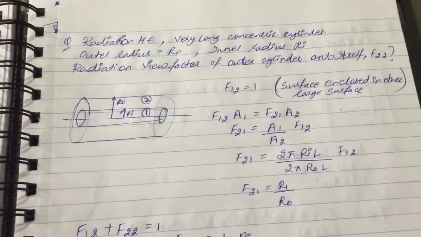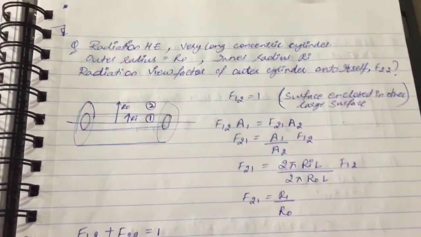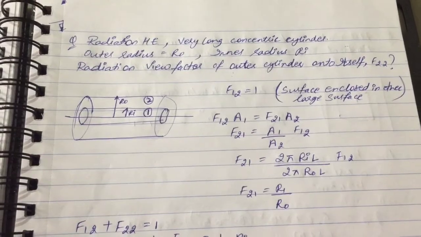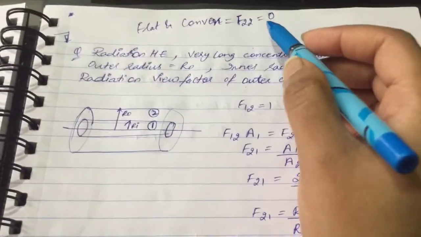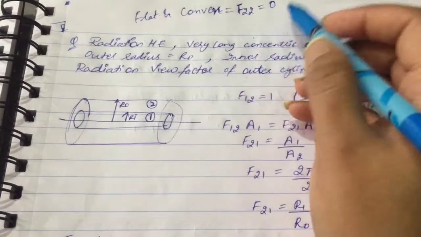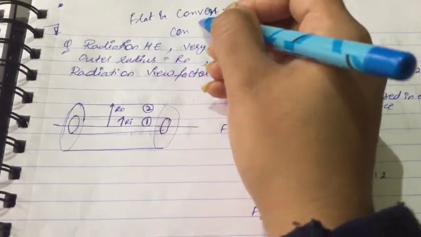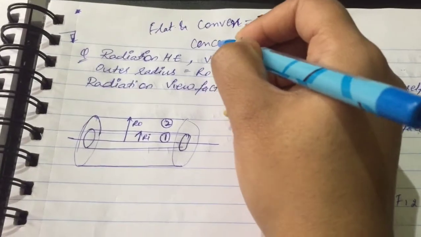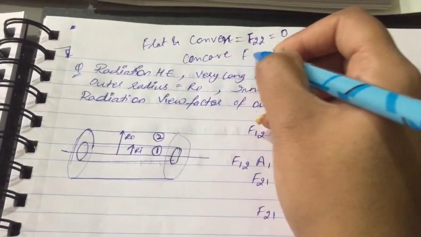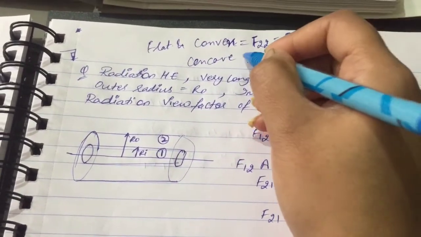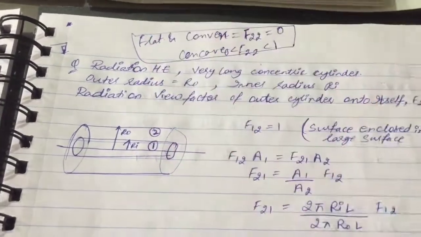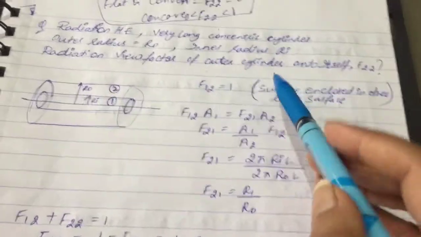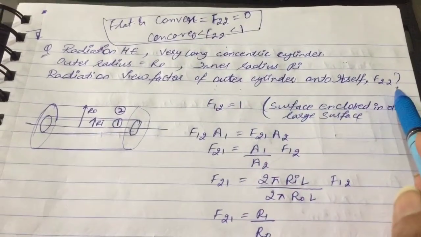Like we know that for flat and convex surfaces the radiation of a body onto itself is 0, and for a concave surface the radiation of a body onto itself would be between 0 and 1. Please remember this point.